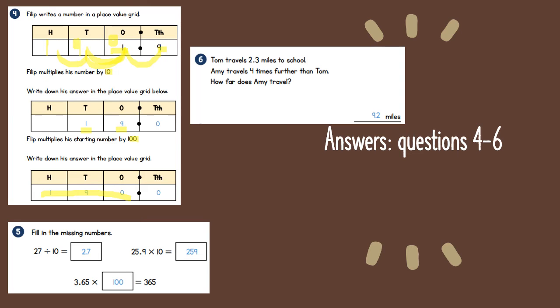Number 5, fill in the missing numbers. 27 divided by 10. Now, with division, we no longer move to the left, remembering our little song, every little number move to the left. We are moving to the right when we divide because our answer, our number, is decreasing in size.